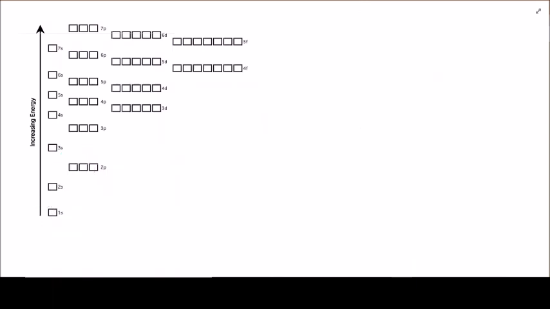Now let's try germanium. Germanium's atomic number is 32. So when it is neutral, it has 32 electrons. So we're going to put 2, 4, 5, 6, 7, 8, 9, 10, 12, 13, 14, 15, 16, 17, 18, 20.